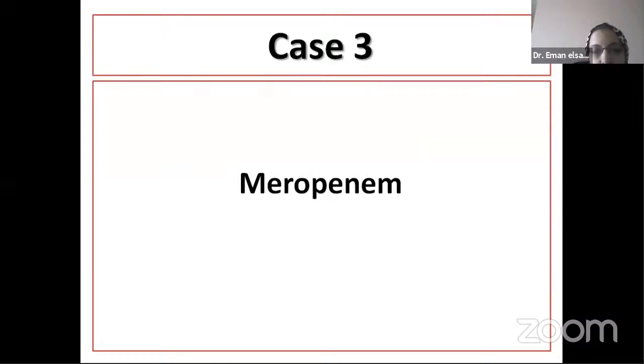Then we will confirm the dose. Is there any renal dose adjustment needed? Okay, for meropenem, we will check if the patient is on dialysis or on CRRT, so it's a completely different regimen.